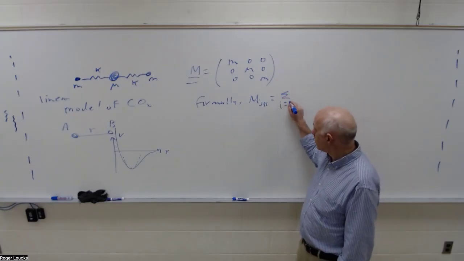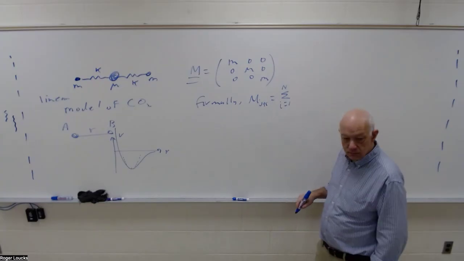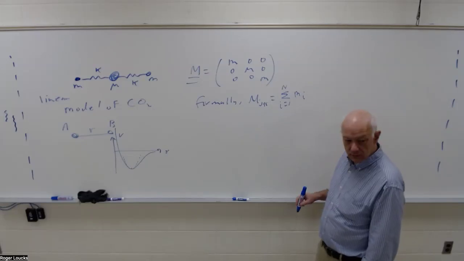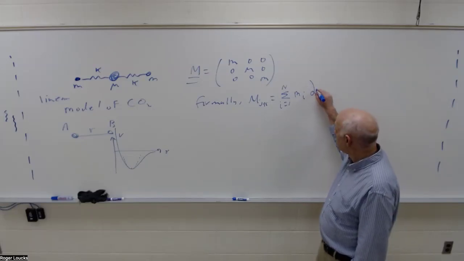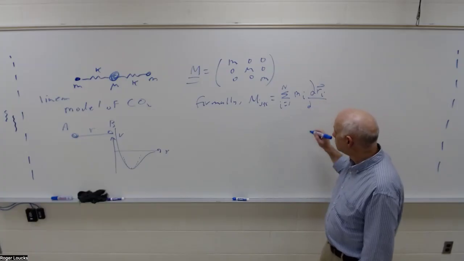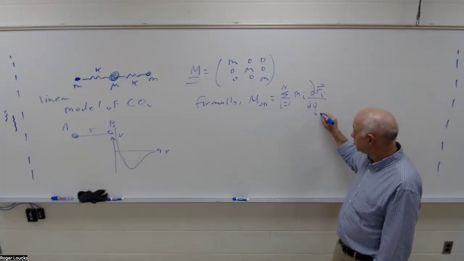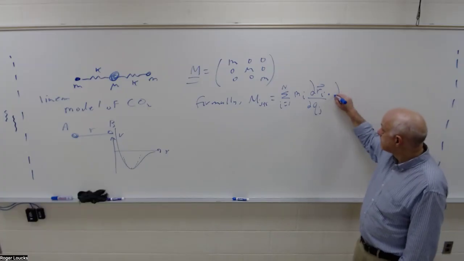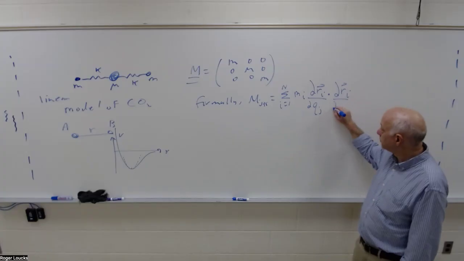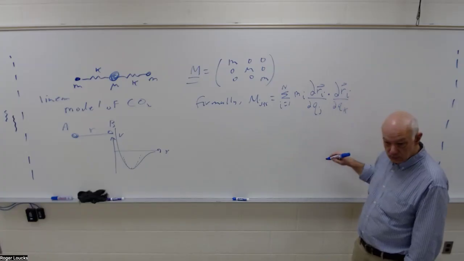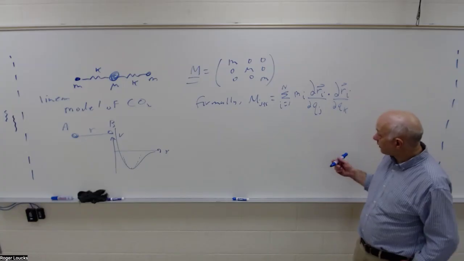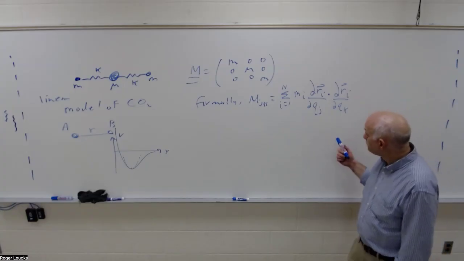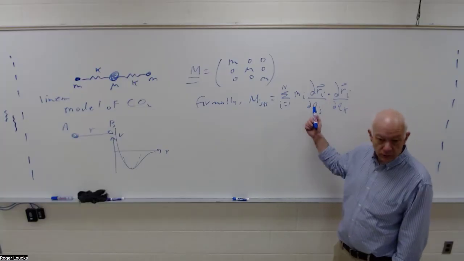Summing i going from 1 to n, m_i, partial r vector i with respect to q_j, dot partial r vector i with respect to q_k. And what happens here is that these are going to be diagonal very often.